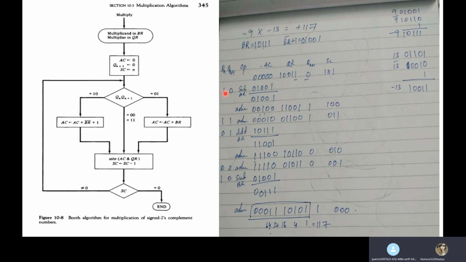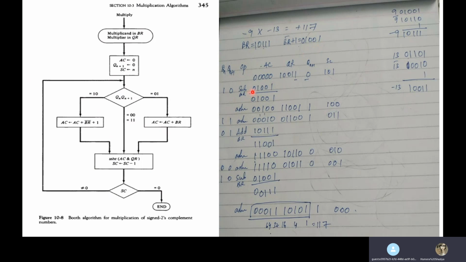Going ahead, you have to compare the combination of Qn and Qn plus 1, which is 1 0. 1 0 means you have to perform the subtraction operation. This is our AC, and BR complement plus 1 is 0 1 0 0 1.